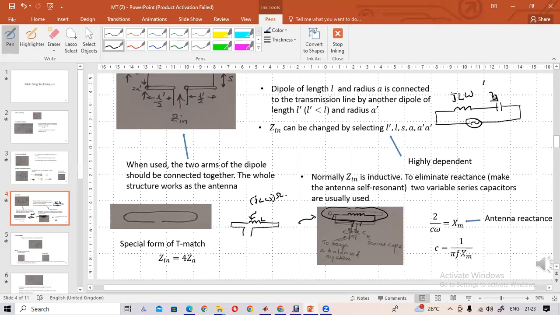That is 1 over jCω. If you want to get rid of this j in the denominator, you multiply numerator and denominator by j, so this will be minus j over Cω. This is the reactance created by the capacitance. We call this capacitive reactance and this inductive reactance.